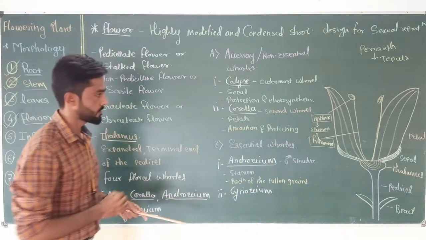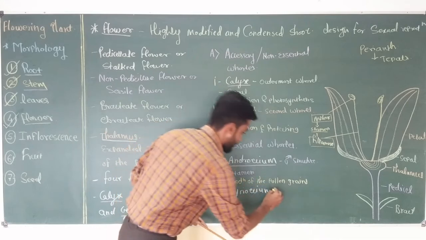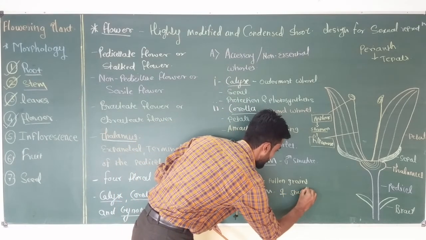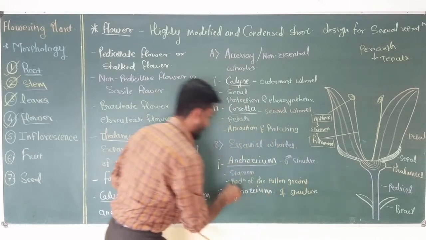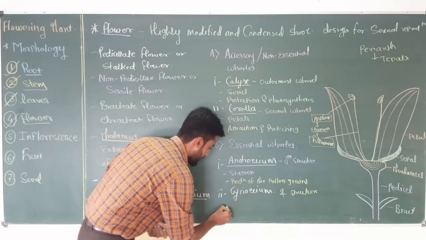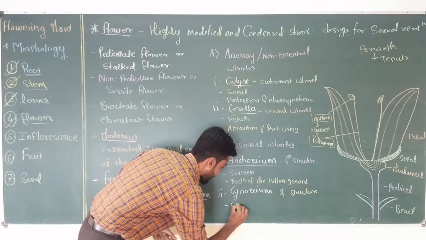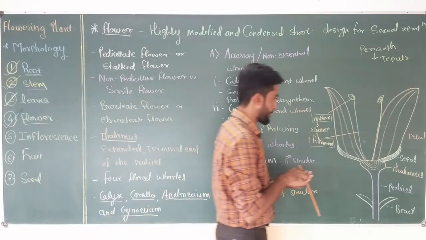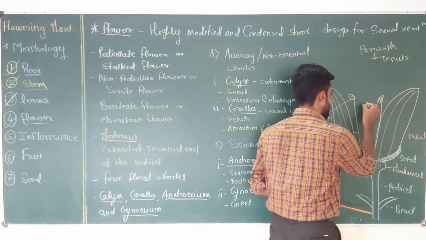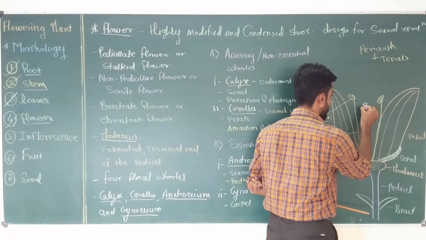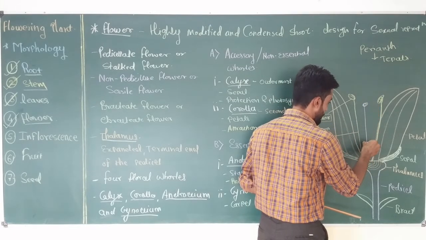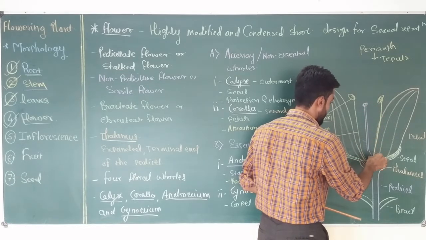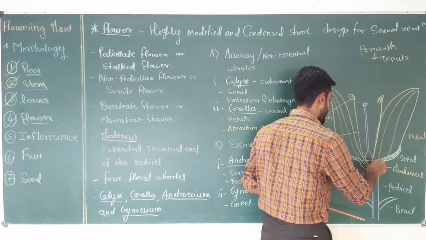The last part, which is the female structure in the flower, is called the gynoecium, and the individual member of the gynoecium is the carpel. Okay, and the carpel is made up of three different structures: the stigma, a long slender tube called the style, and a swollen structure called the ovary.